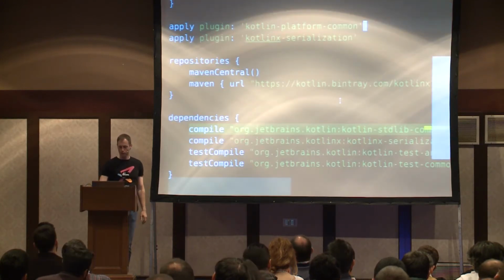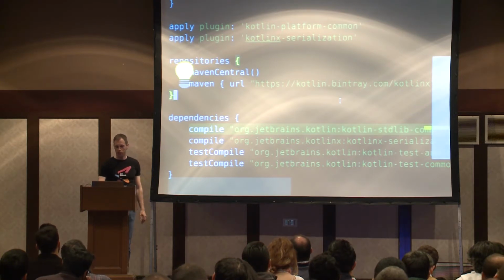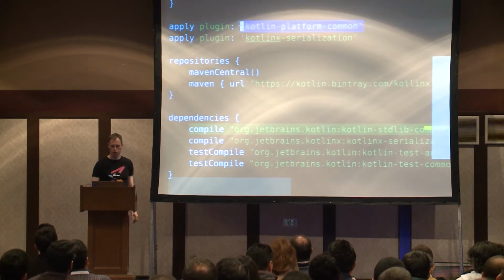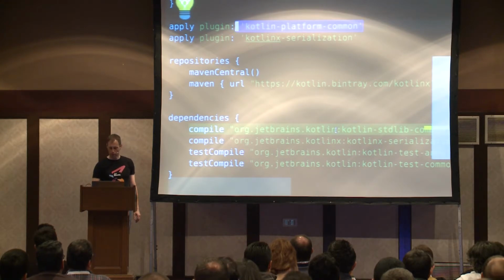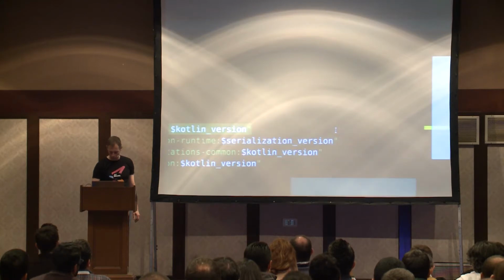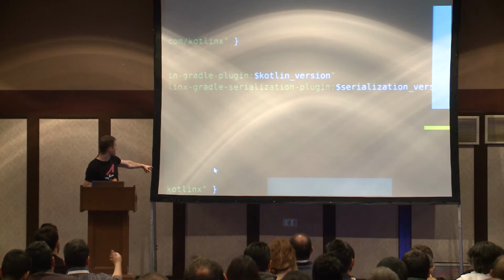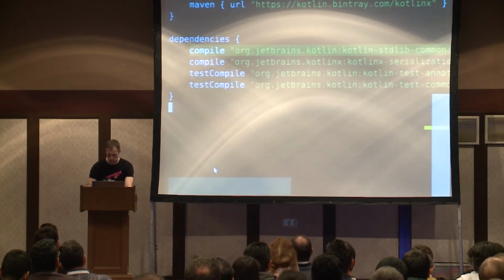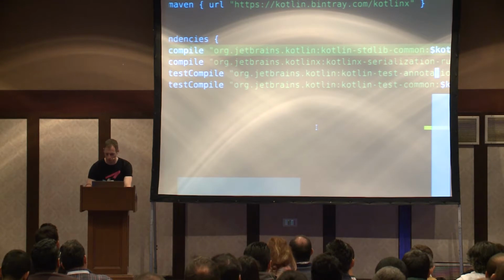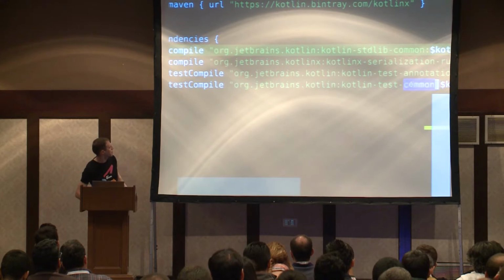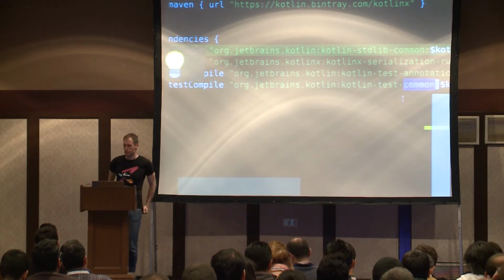And this is the build Gradle file of the common module. Here we see that instead of applying the Kotlin plugin, we apply the Kotlin platform common plugin. And in dependencies, we only use those that have a common suffix.